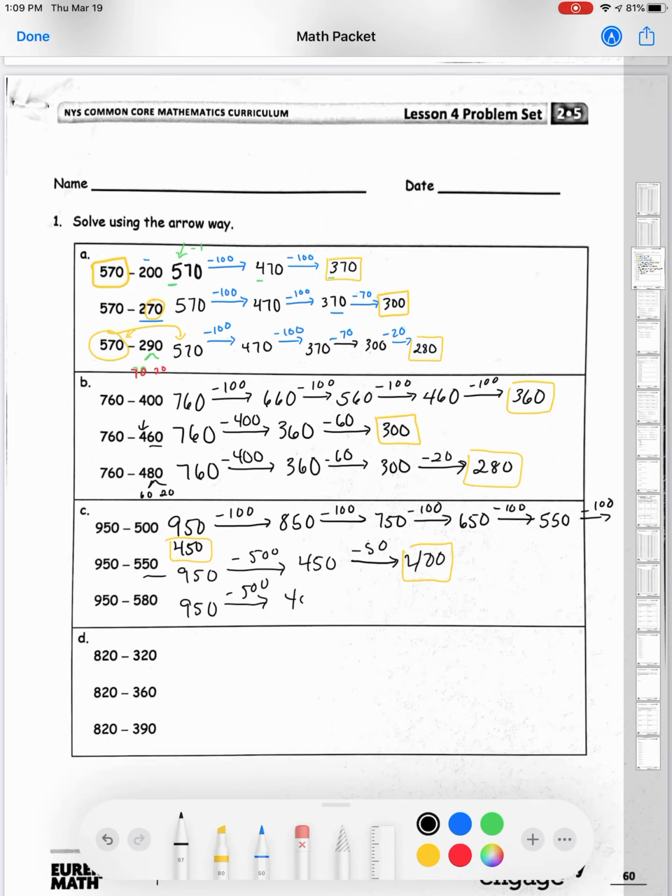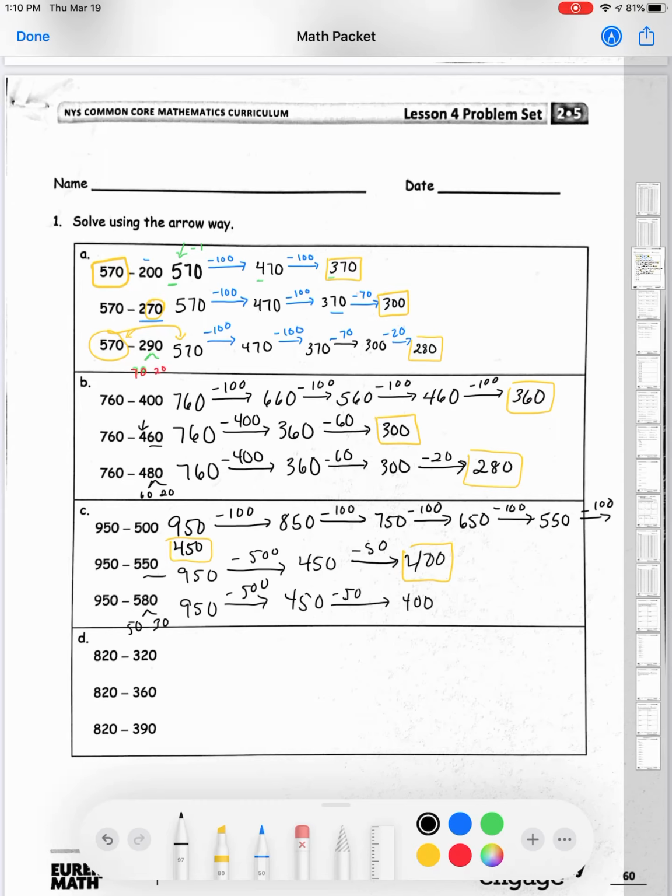I know the answer is 450 because it's the same. But we had to take away 50, and 50 plus 30 equals 80. So I already know what minus 50 is, which is 400.